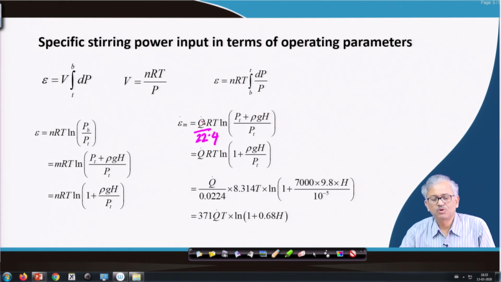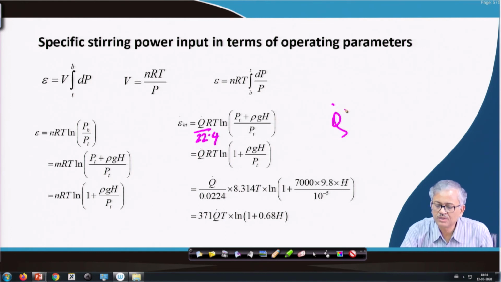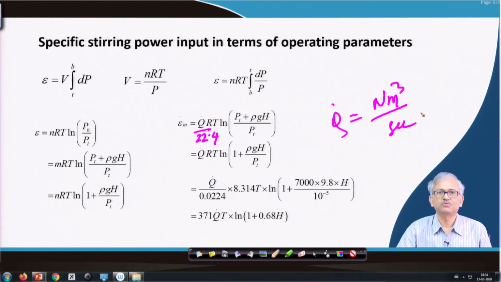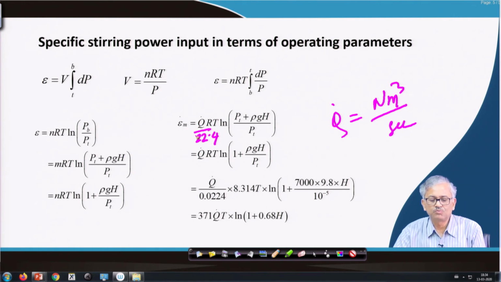Q is in normal meter cube, so Q dot is the gas flow rate in normal meter cube per second. So the gas flow rate divided by 22.4 is the rate of moles of gas that is coming in, that is the n.